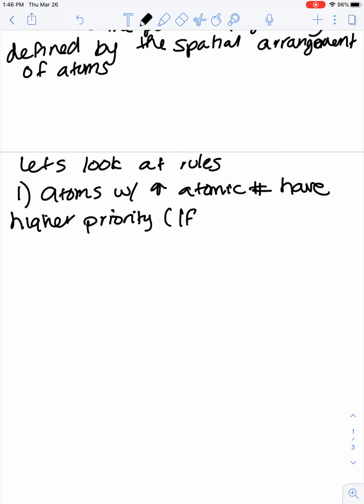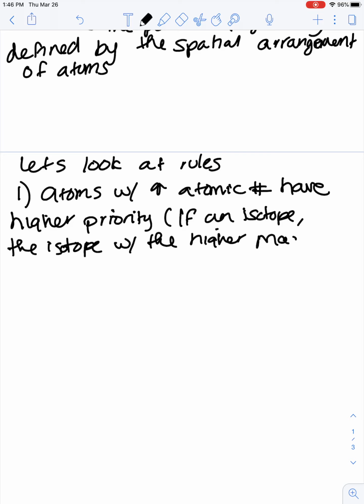If we're looking at an isotope, the isotope with the higher mass will take priority. So let's look at a few examples.